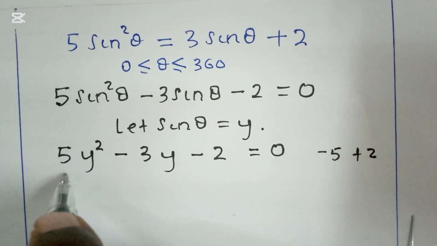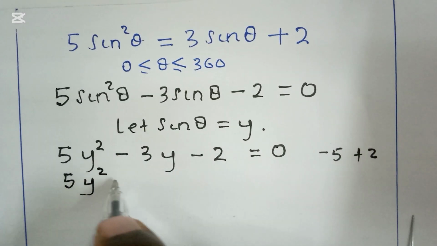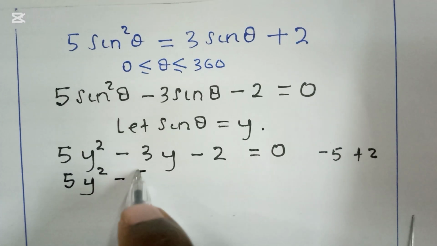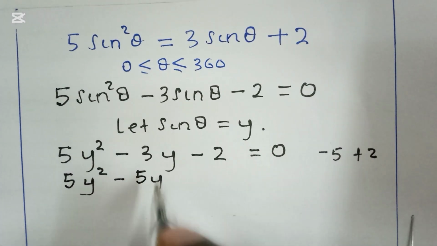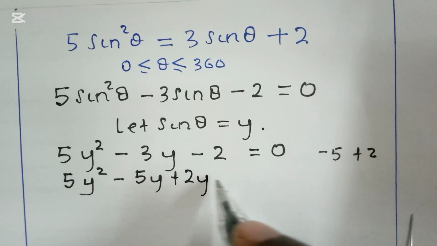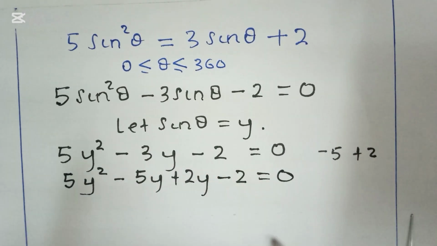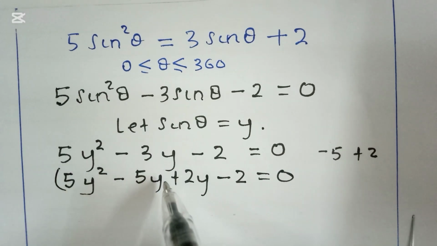So, guys, we write that 5y squared minus 5y plus 2y minus 2 gives us 0. We can now divide this equation into 2 like that.